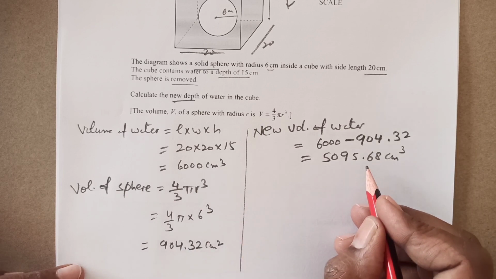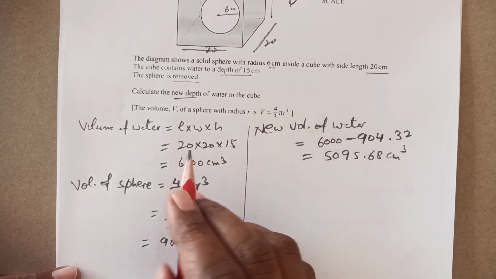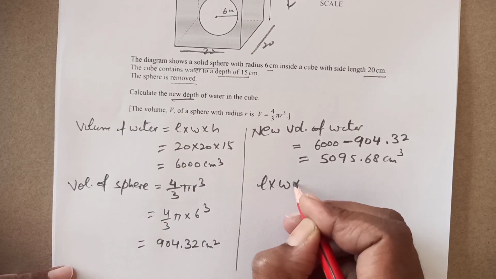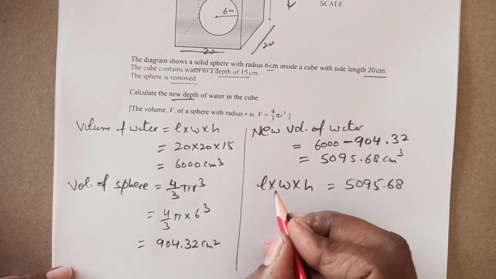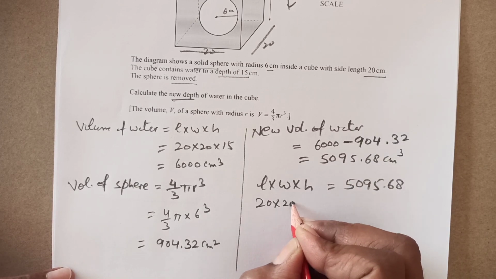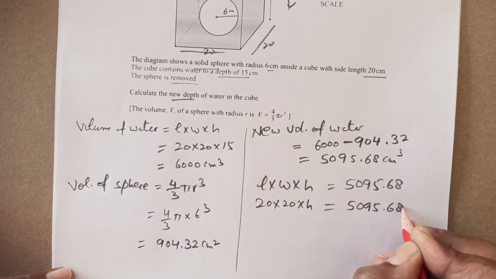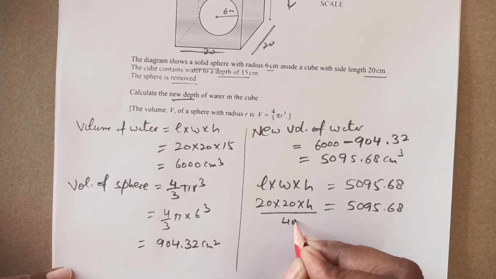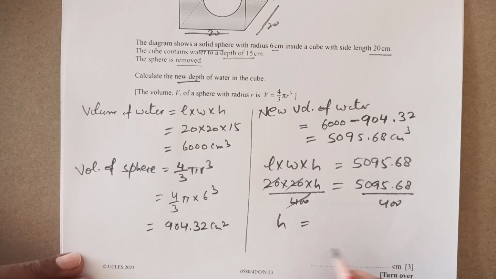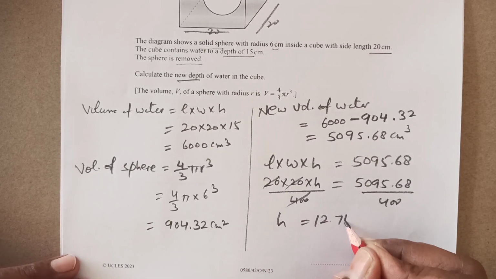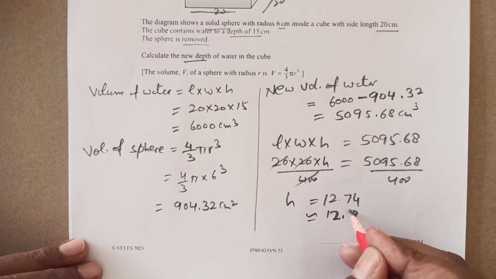Length times width times height, so this is 20 times 20, and we are looking for the depth, that is the height, equals this divided by 400. So height, once you calculate, is 12.74. To 3 significant figures, we can write 12.7.